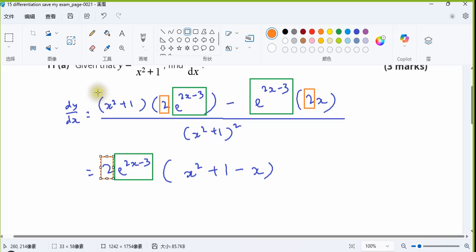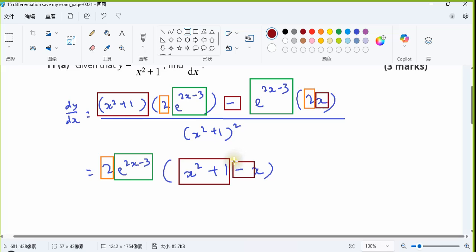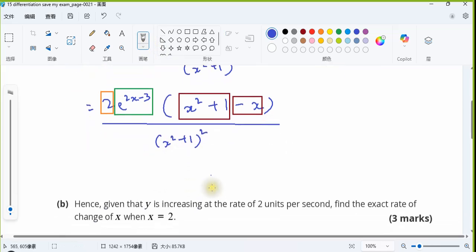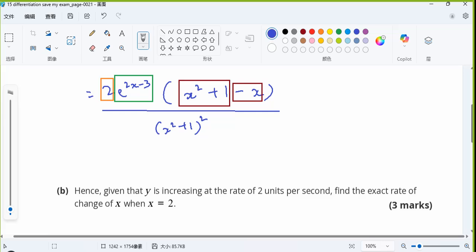Okay, so what remains inside will be the x squared plus 1 minus x. Okay, minus x. And over the x squared plus 1 square.